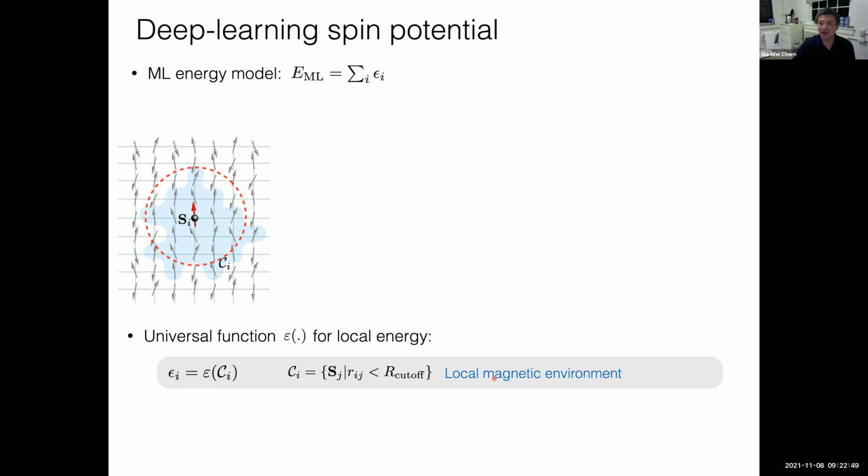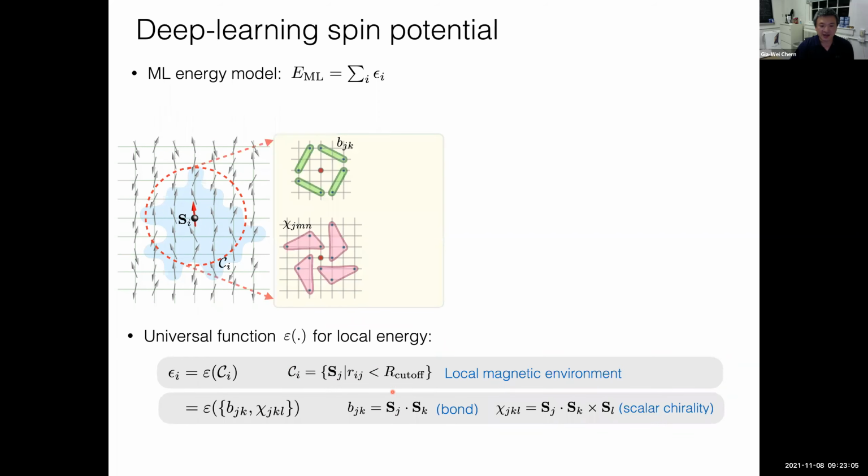But since the double exchange model has this global spin rotation symmetry, we want our neural network model also to possess this spin rotation symmetry. So in order to achieve this, instead of just throwing the spin configuration into the neural network, we assume that the dependence is only through the bond variables and the scalar chirality.